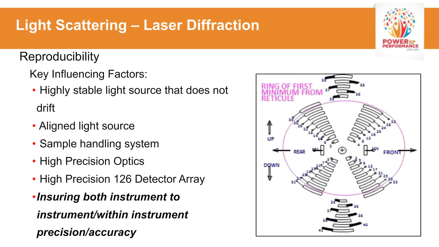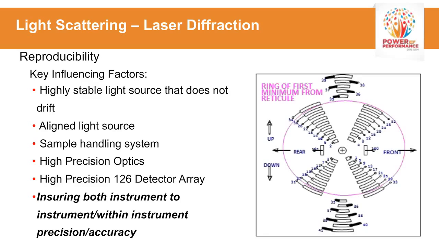Also, the sample handling is extremely important: always flowing representative powder, or if it's in a liquid system, keeping the particles suspended and homogeneous throughout the measurement, as well as the optics. But this allows us to very easily position the laser beam, and it takes a few seconds to do an alignment on the instrument.